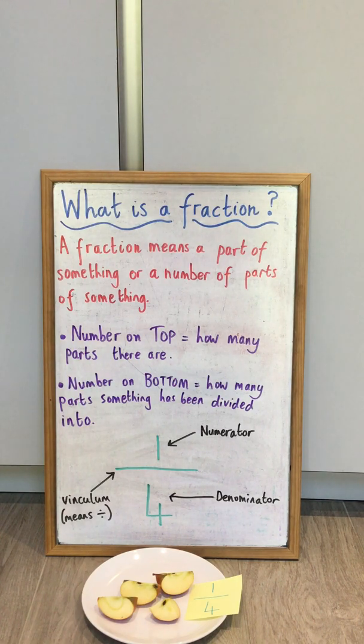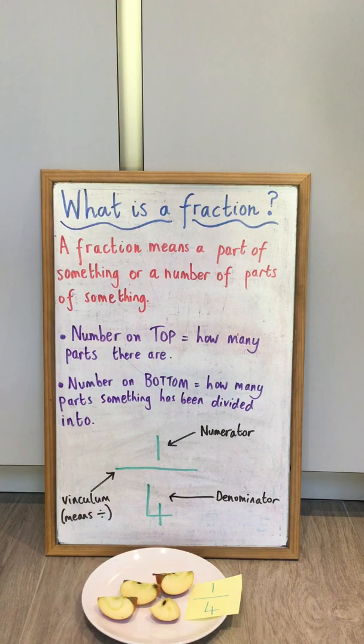The first one you can already see on your screen. It's with an apple. I have got an ordinary apple and I have chopped it into 4 equal parts. You can see most of those parts on the plate in front of you.